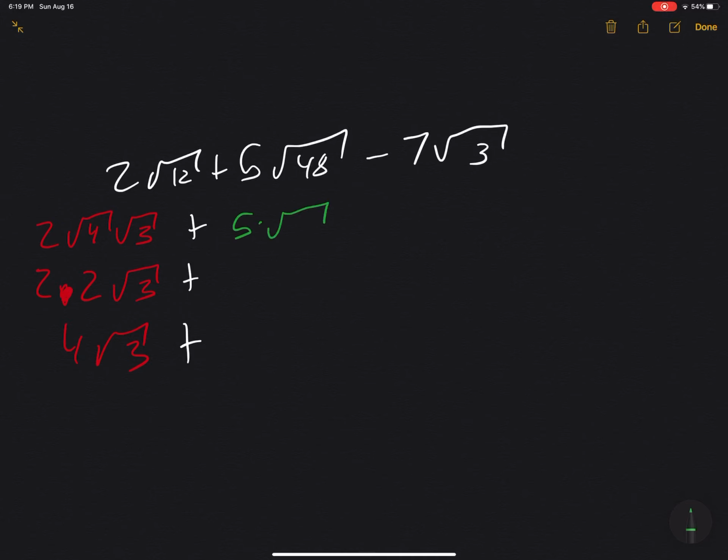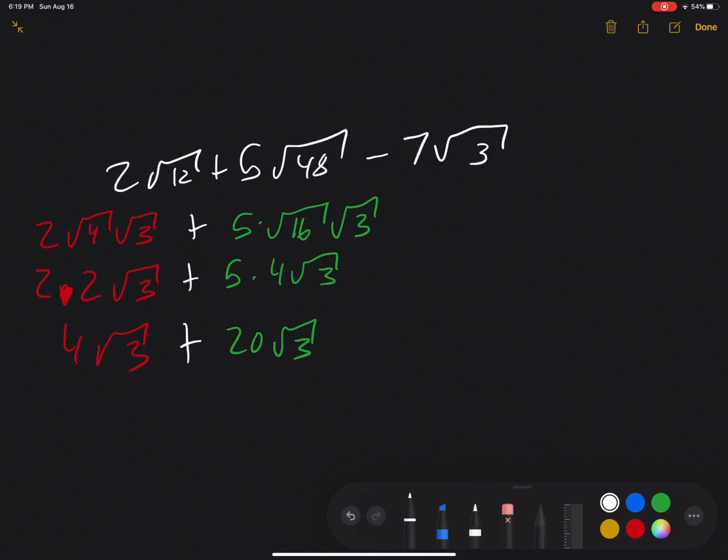What's the biggest number we can pull out of here? We can pull a 4 out, but we can pull a 16 out as well, because when we pull 4 out, we're left with 12, so we can pull another 4 out, and 16 times 3 is equal to 48. Now this is equal to 5 times 4 root 3, which is equal to 20 root 3.